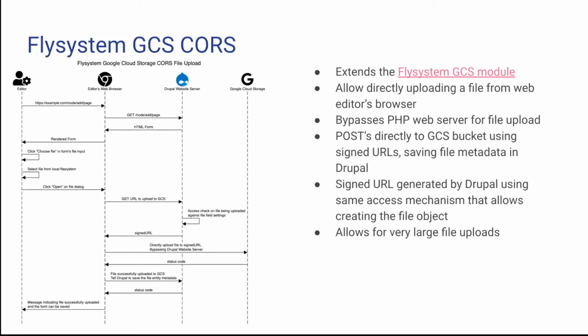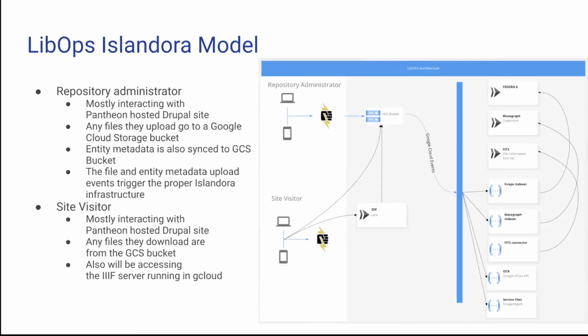There are some technical details about how exactly that works, but that's a key component to how things would be running on LibOps. So your Islandora website running on Pantheon would be directly uploading your files to GCS buckets.